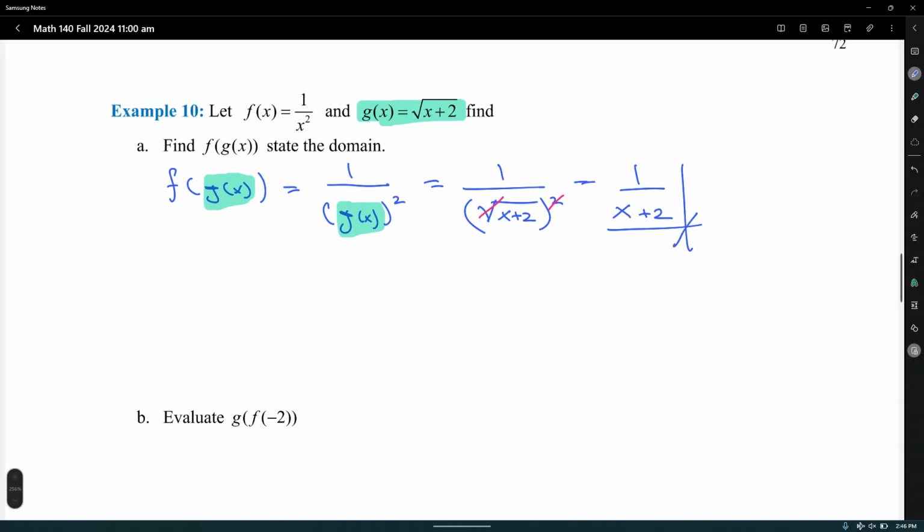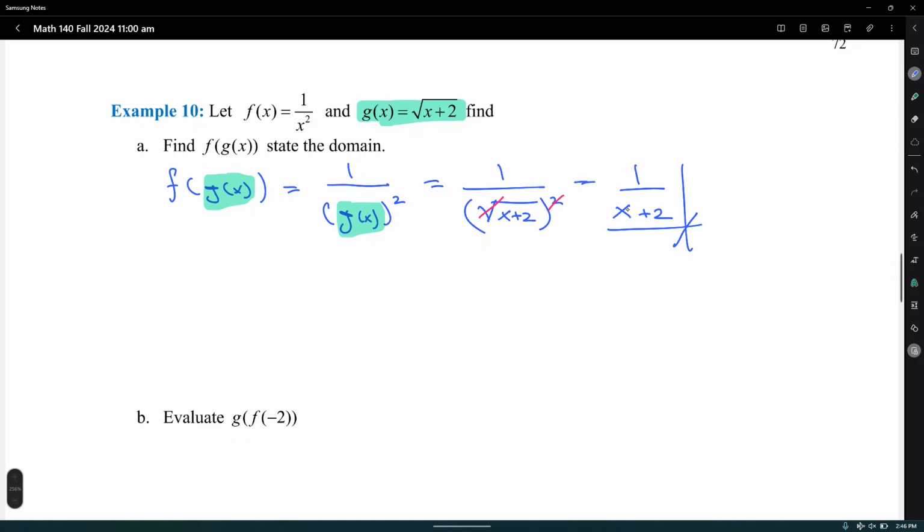But be careful here because we have a little problem when it comes to the domain. If we look at the new function right here, 1 over x plus 2, the domain of this new function that I'm following with the cursor has only one restricted value.